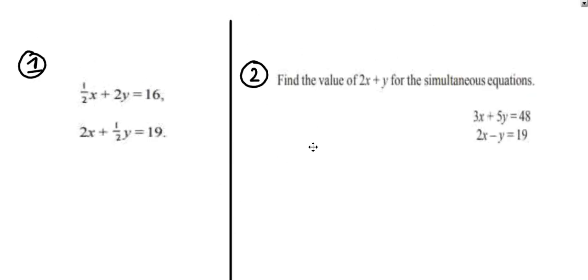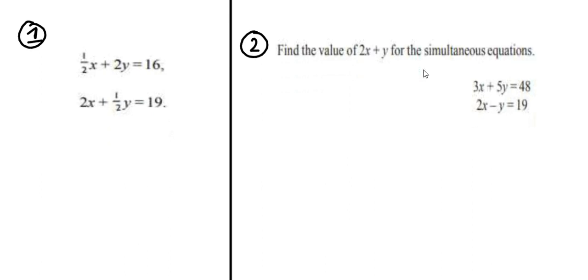In question number 2, we need to find the value of 2x plus y for the simultaneous equations. But the trick here is to find the value of x and y. After knowing the value of x, then you can find what is 2x plus y. I guess let me start with question number 2.